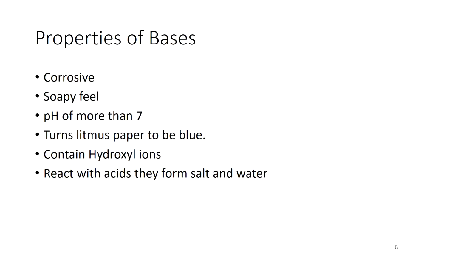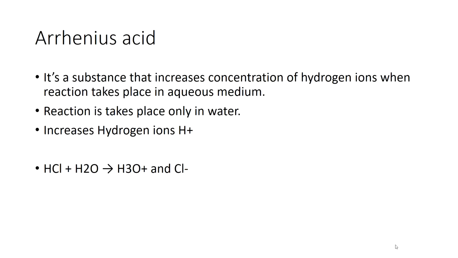So your hydroxyl ions, that is your OH minus. And then when the bases react with acids, they form salt and water. So it is very important for you to know those examples and those properties, because those things are examinable.